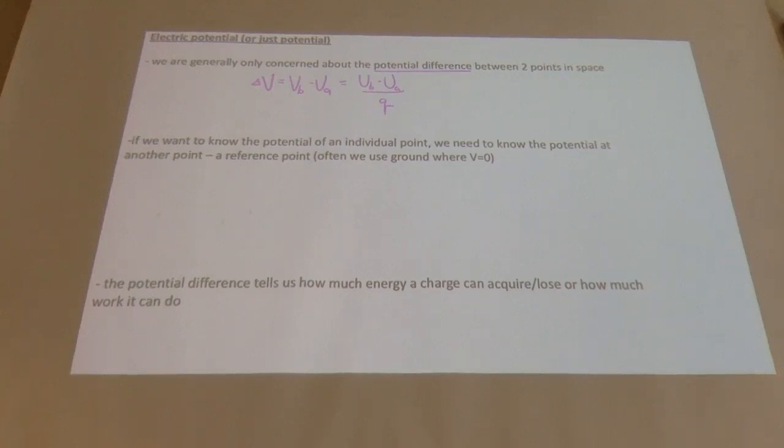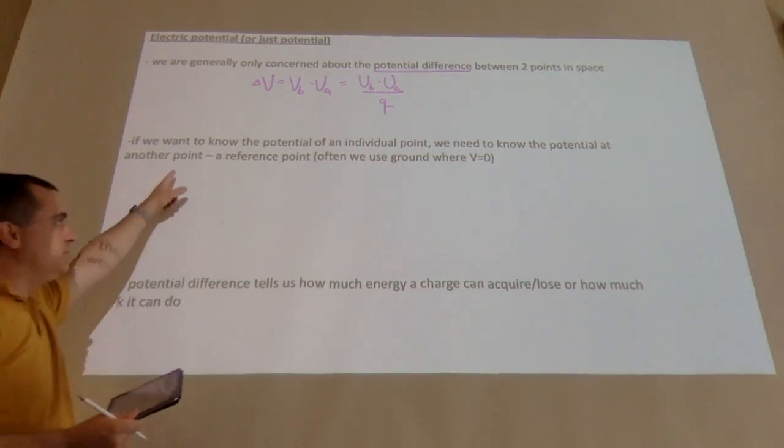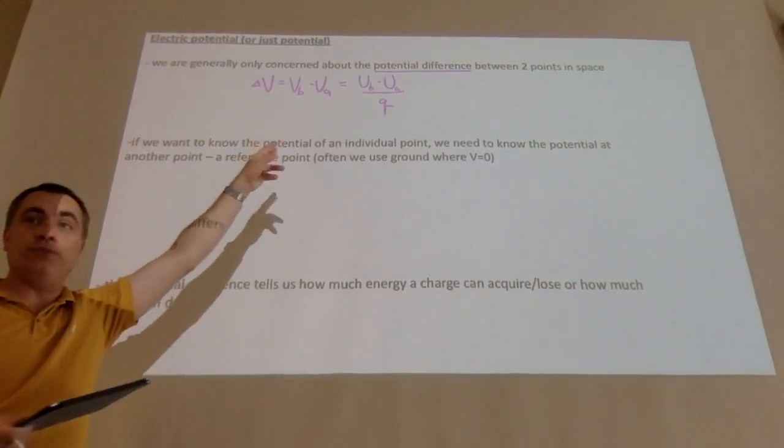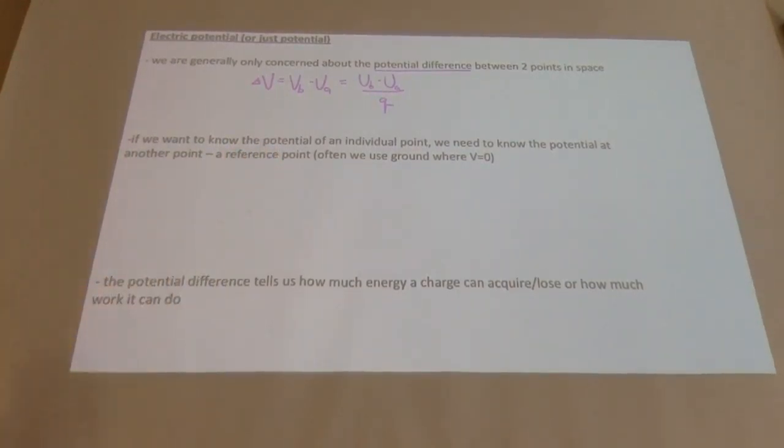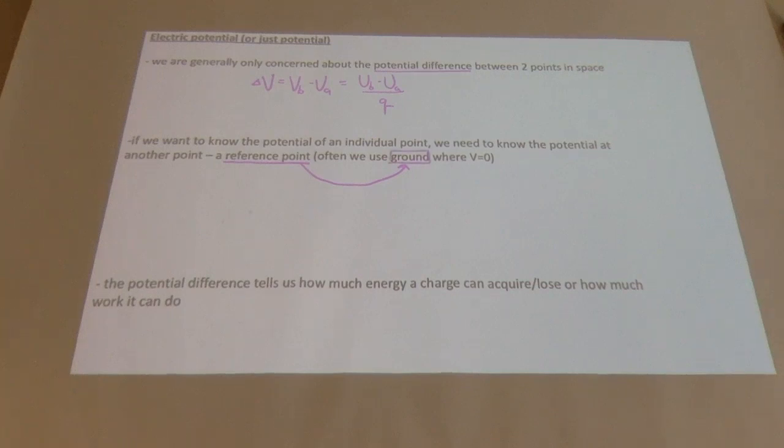So since typically we're dealing with a potential difference, if I don't care how much the difference is between here and here, and I want to know the potential at just one of these points, the only way for me to get this is to know the potential at one of those two points. And there is a way that we commonly do this. We pick a reference point, and this reference point is known as ground, which is perhaps something you've heard of before.